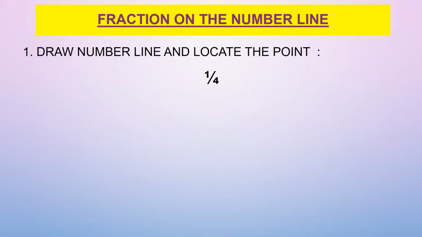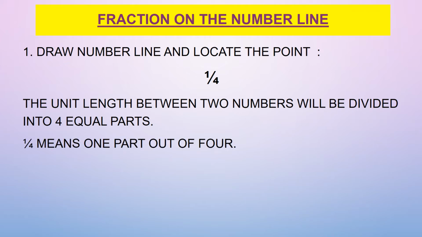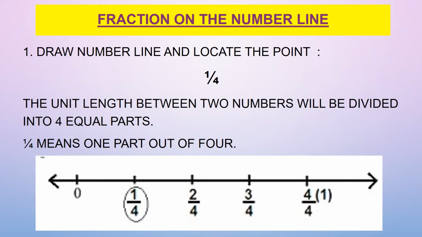Here, 4 is the denominator. So, the unit length between two numbers will be divided into 4 equal parts. 1 by 4 means 1 part out of 4. It is marked on the number line at 1 by 4 and it lies between 0 and 1.